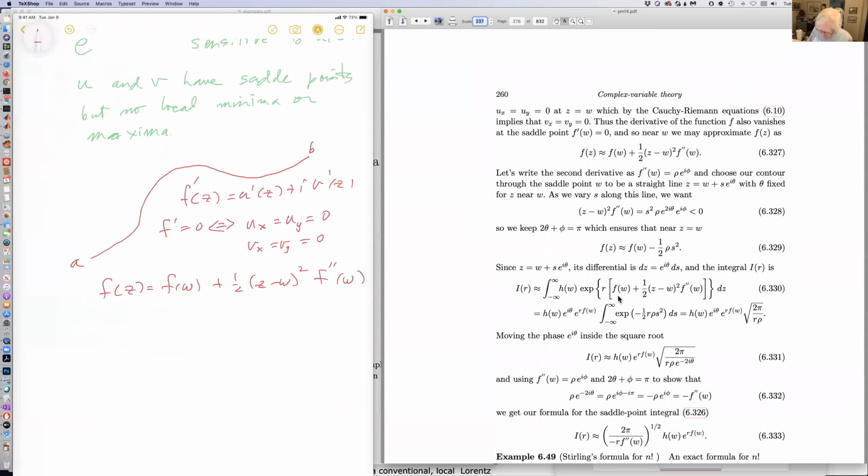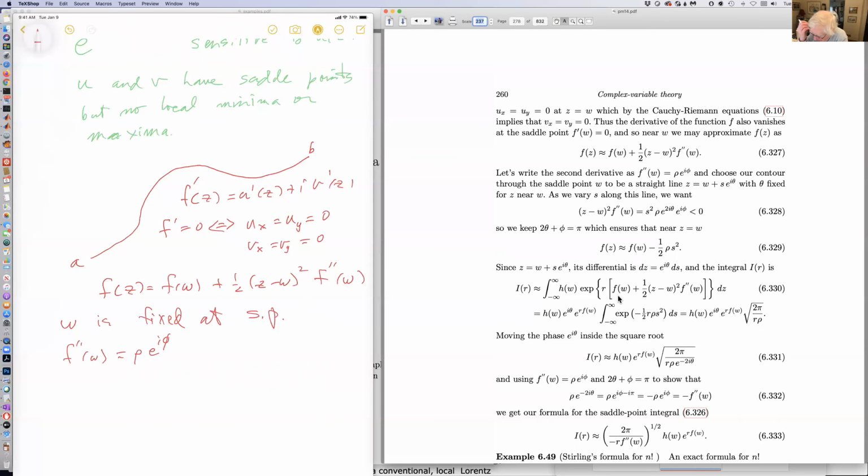So the next thing is, now w we're going to keep fixed, so w is fixed at the saddle point. And f double prime of w, the second derivative of f at w, is then some complex number rho e to the i phi.